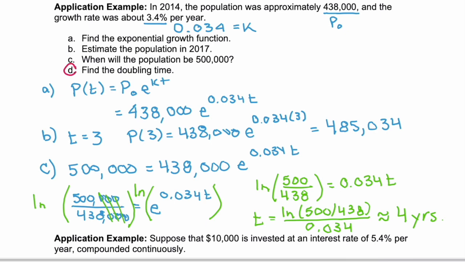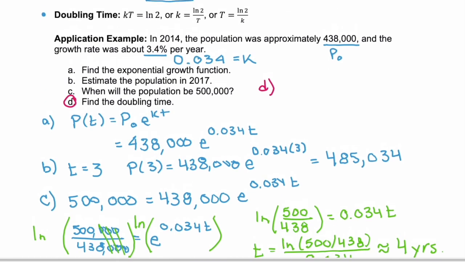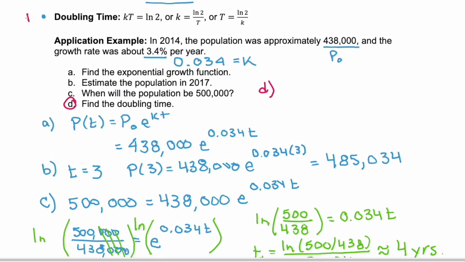Now part D. I need to scroll back up so we can see that equation for doubling time. Remember that doubling time is k times T equals the natural log of 2, or you can rewrite it in these other two formats. We want the actual time, so we're going to use the last.